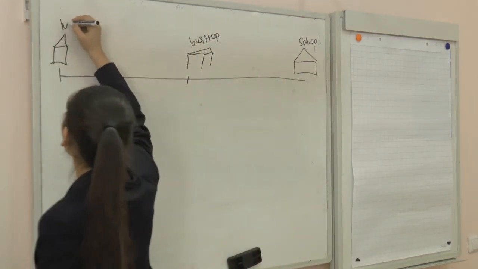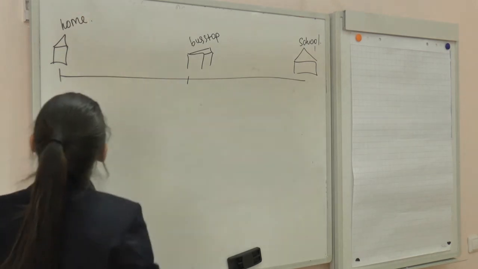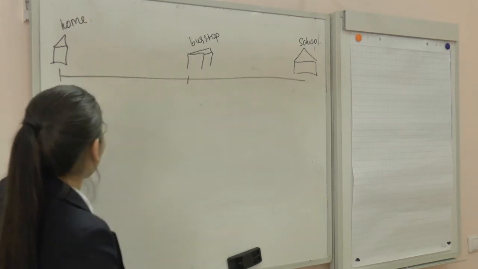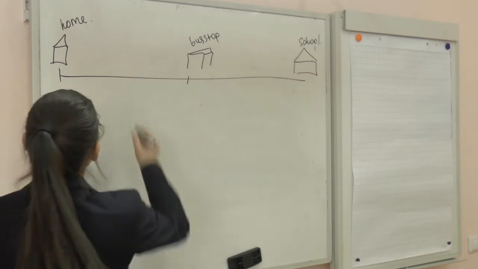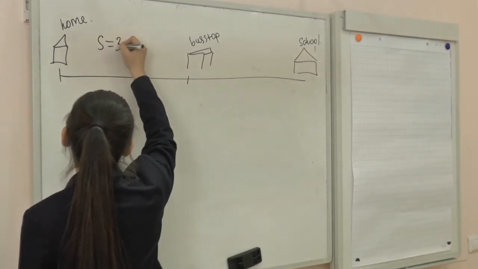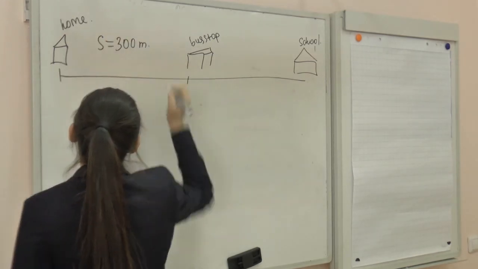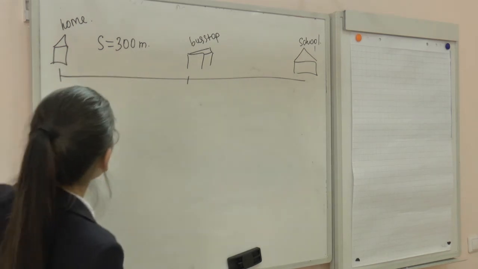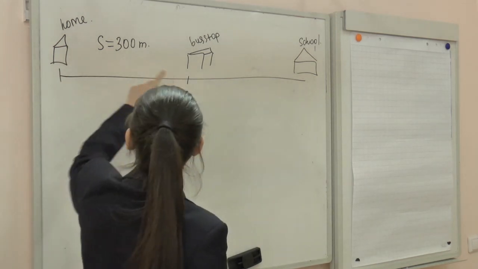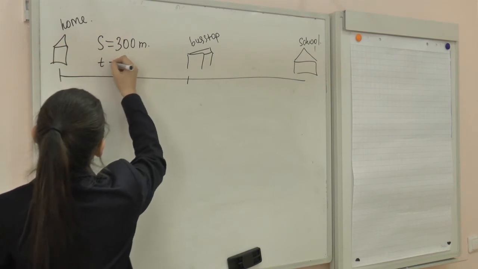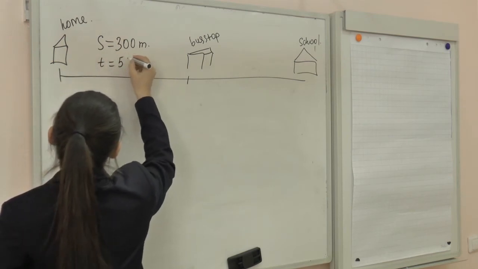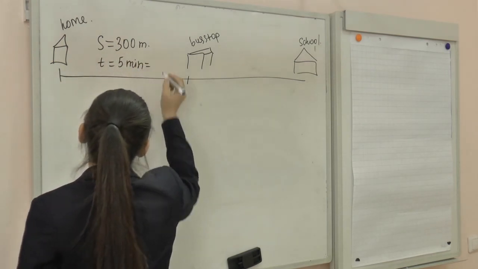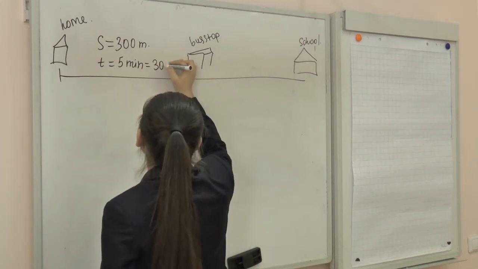So the distance between my house and the bus stop is equal to 300 meters. And the time I take to reach the bus stop is 5 minutes. In the SI system, it is equal to 30 seconds.